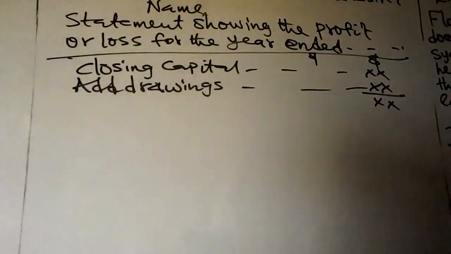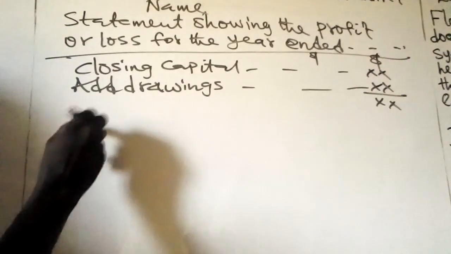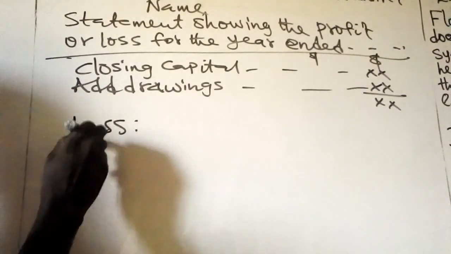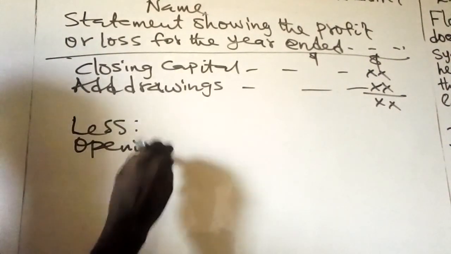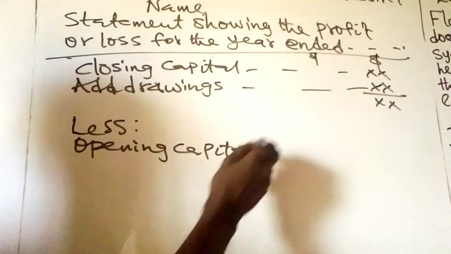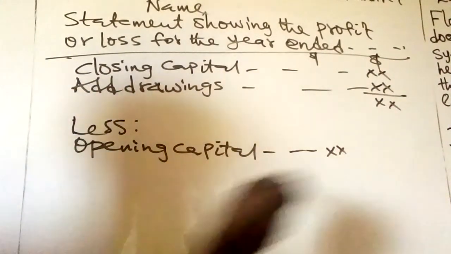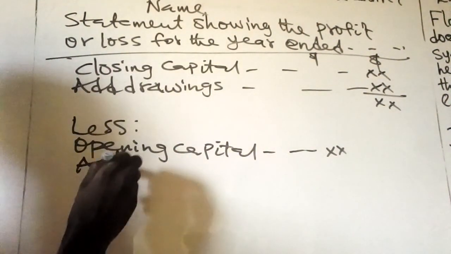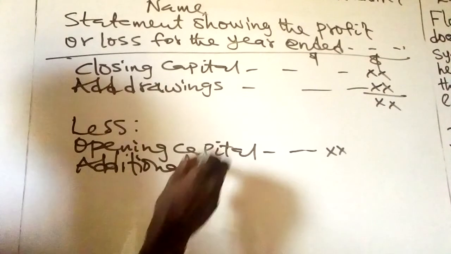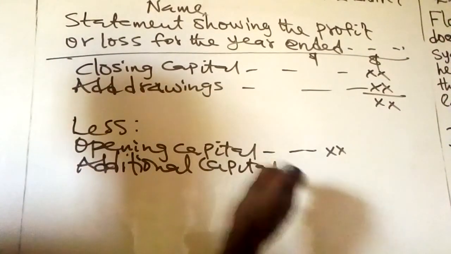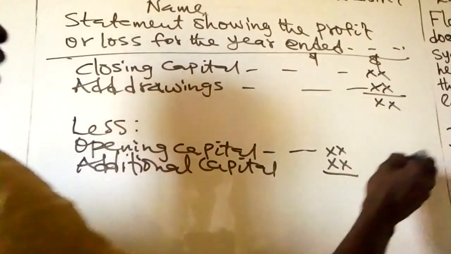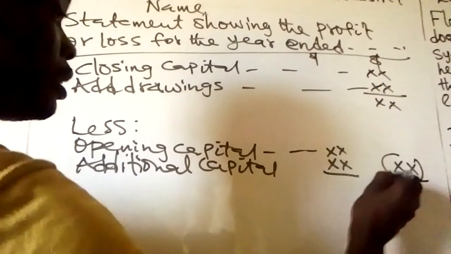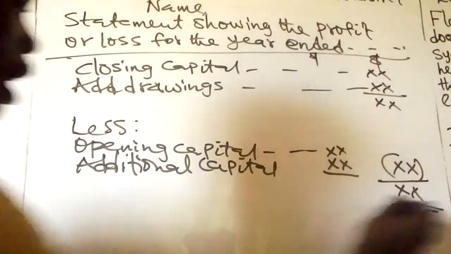So less opening capital. We also less additional capital. Then, when you less that, you have the net profit or loss.